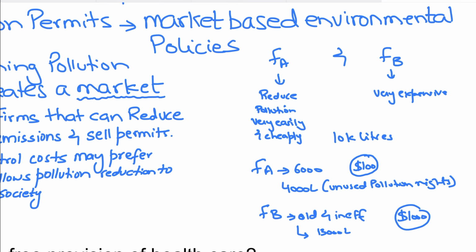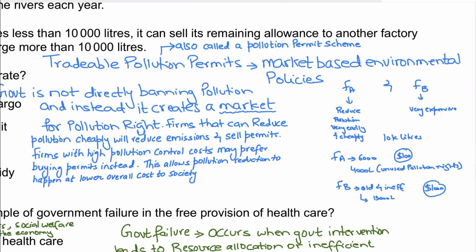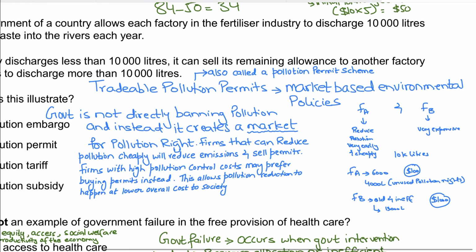You firms figure out the cheapest way amongst yourselves, and the market mechanism automatically shifts the pollution reduction towards low cost firms. They end up reducing pollution and then selling those pollution rights to inefficient firms who can't really reduce pollution. So overall, society is able to bring down pollution, but at a low cost, right? So the overall cost to society is low, and it's a market-based policy.